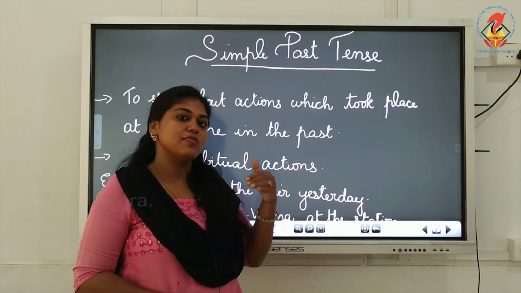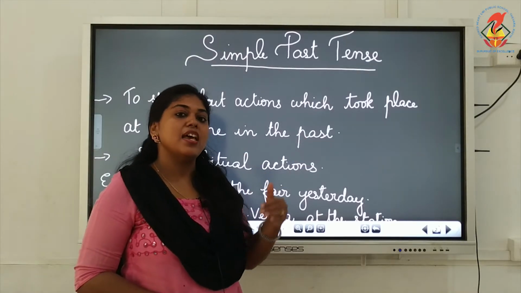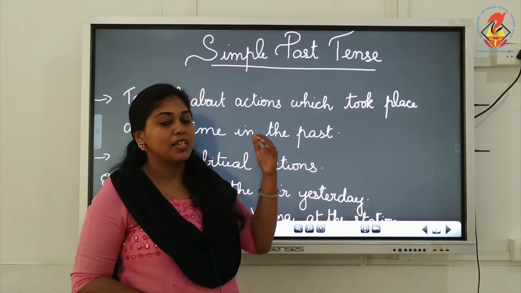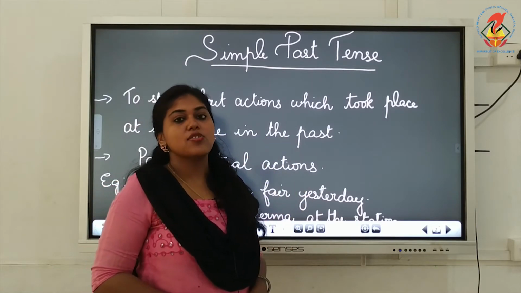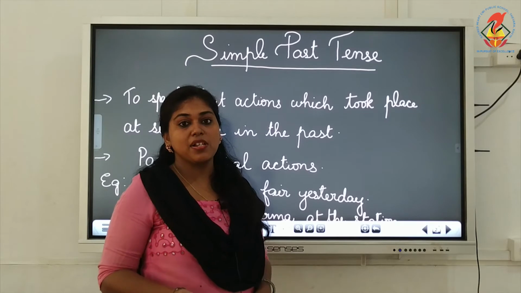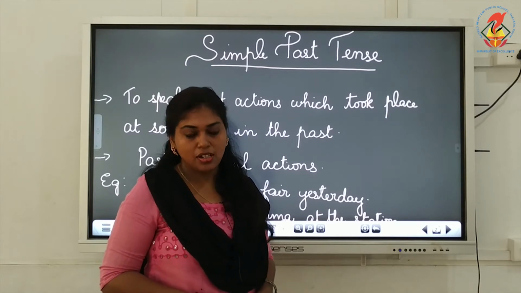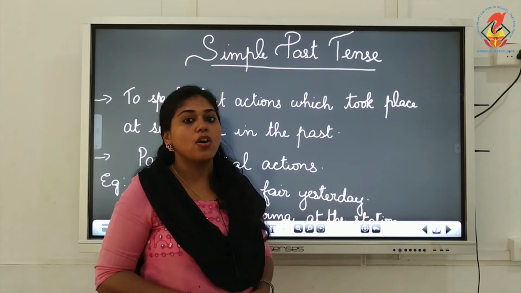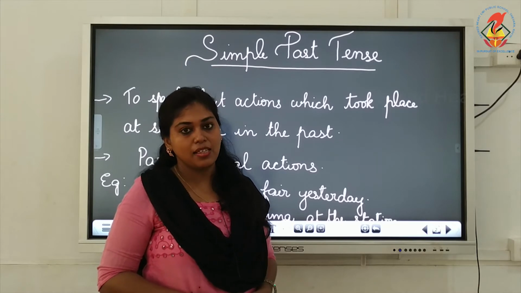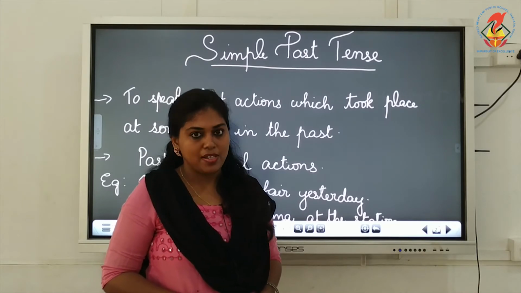That means it is a completed action and it took place sometime in the past. So to express a completed action or to talk about an incident that happened in the past, we use simple past tense.